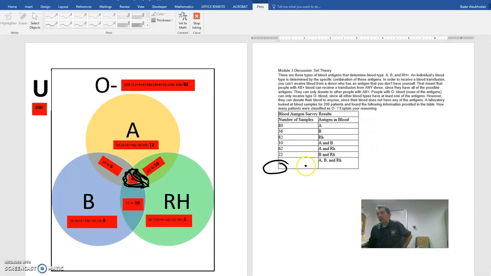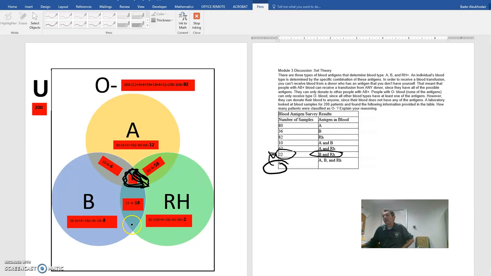Now continue to the next line. Notice that he's saying I have B and RH. So how many people have B and RH? 22. So notice that there's a 22 inside the area which contains B and RH. Here's the area containing B and RH.